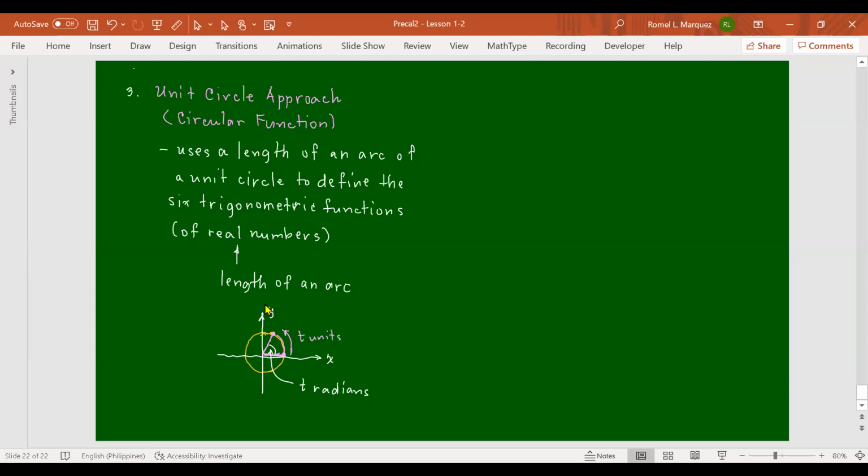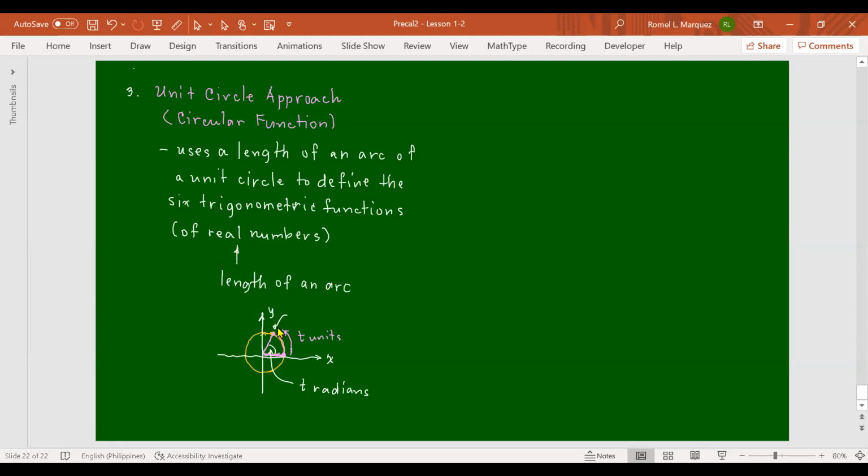Unit circle approach. That's why trigonometric functions are sometimes called circular functions rather than trigonometric functions, if you derive the definitions from this unit circle, considering the argument in the function not as the angle but as the length of an arc, which is T units. So you can talk of sine T, cosine T, and so on. And you have a point somewhere here.